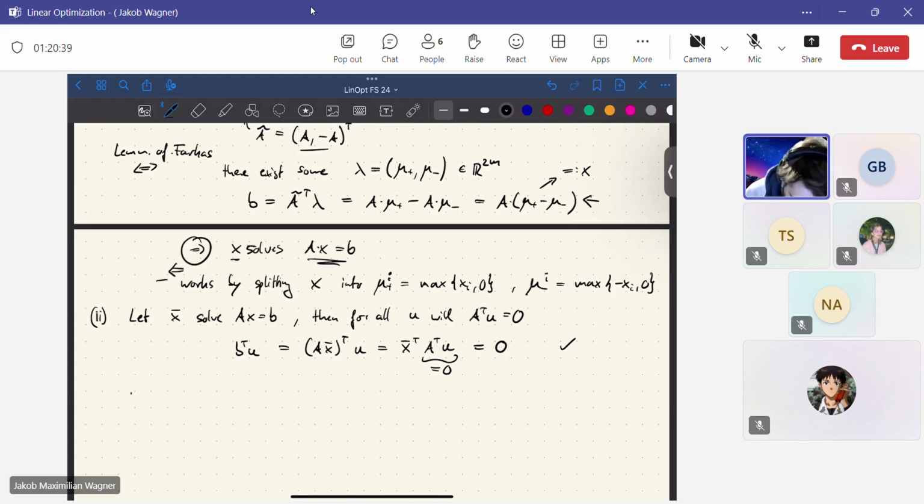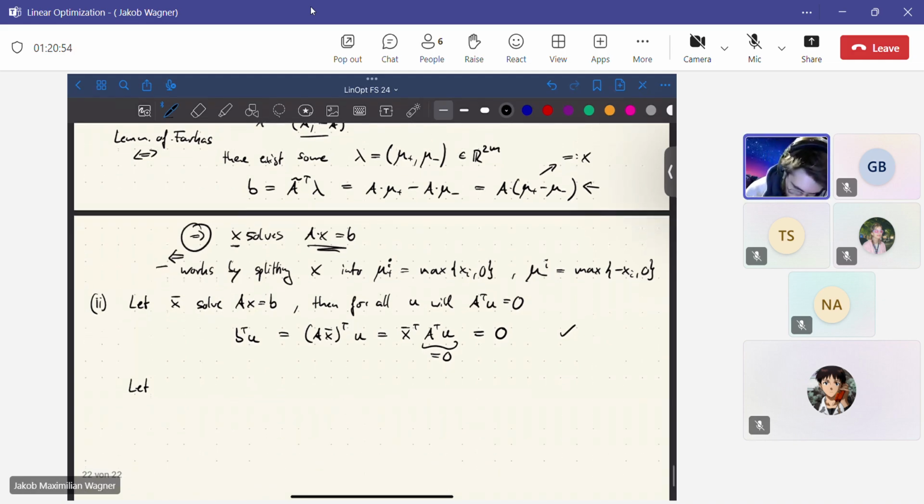For the other direction, let's do a proof by contradiction, so to say.